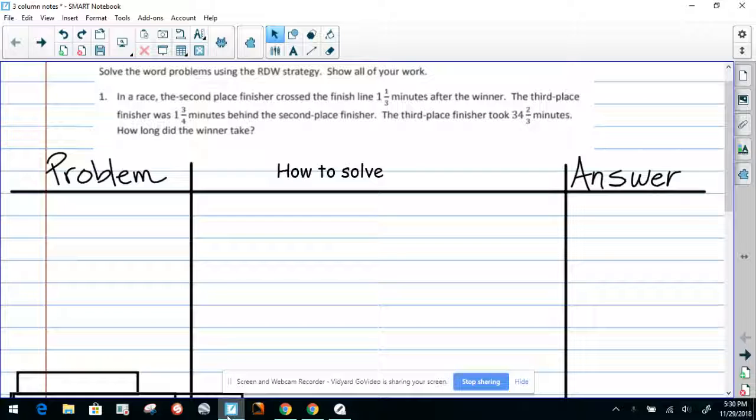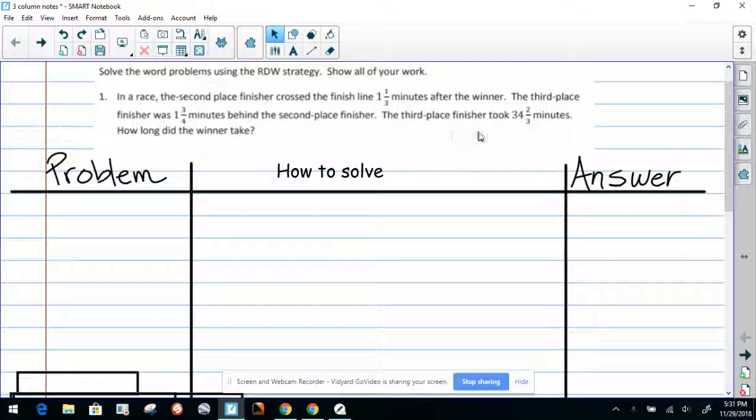Welcome back. We are going to solve this problem, which is a word problem. Let's read it. In a race, the second place finisher crossed the finish line 1 and 1/3 minutes after the winner. The third place finisher was 1 3/4 minutes behind the second place finisher.